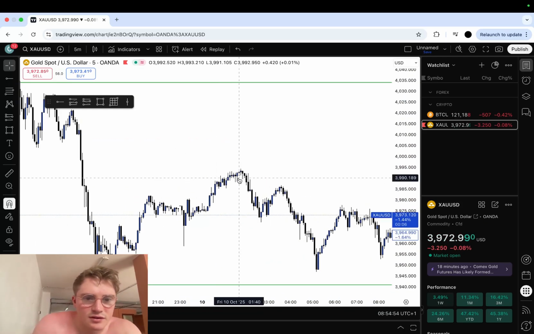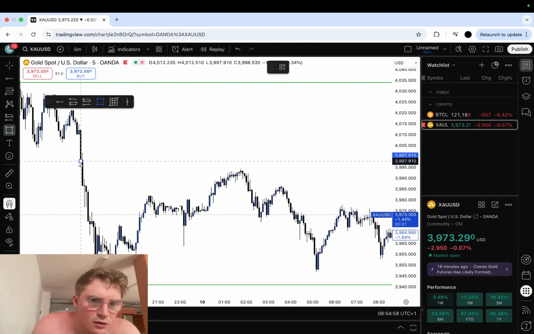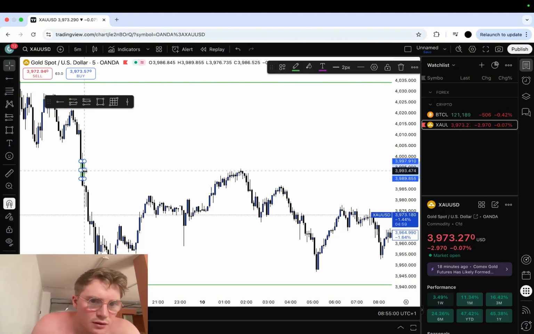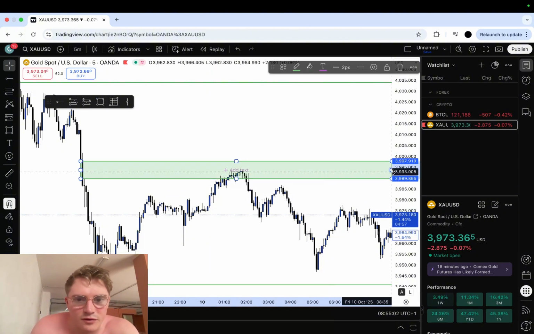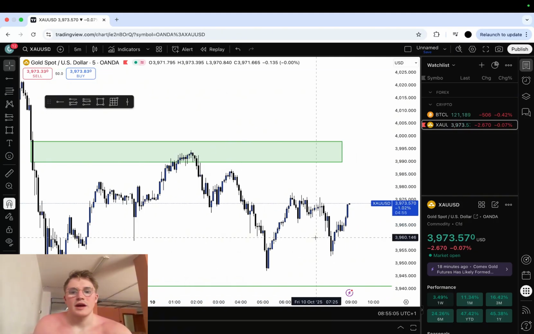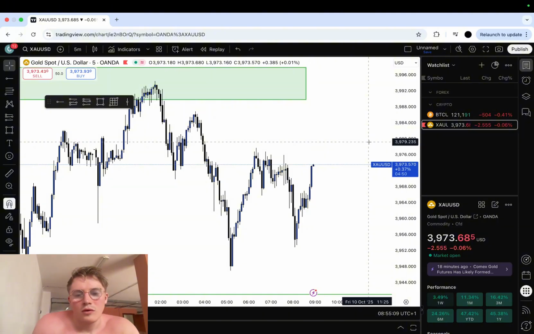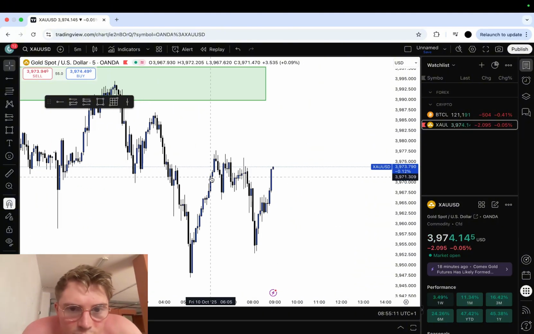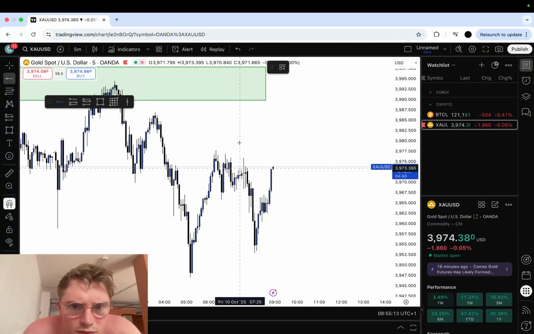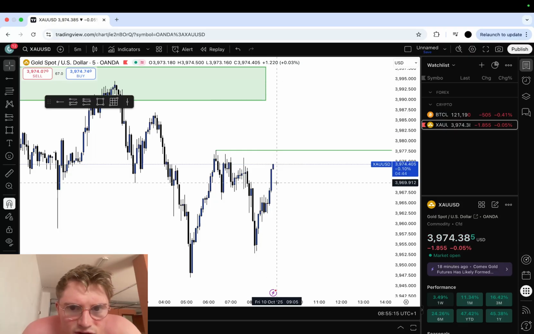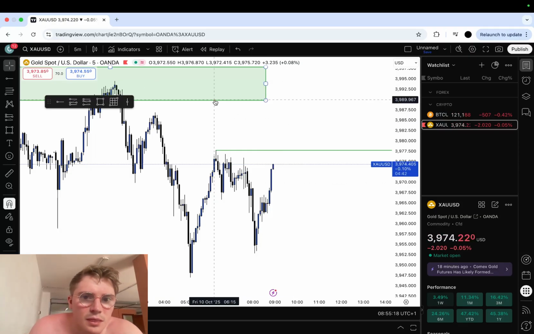And then even here, I think that's reacting off of that fair value gap. And there, that's my best guess. Yeah, that's reacting off of that. But that would make you think that it is going to be a further downtrend. What I'll say is, let's say it reacts off of these highs here.